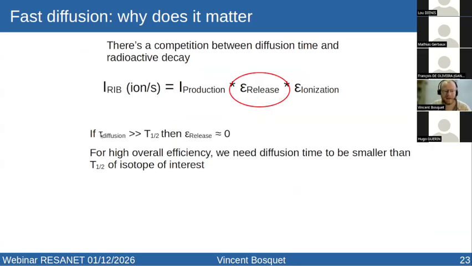For instance, if the diffusion time is way bigger than the half-life of the nuclei that we want to produce, then the release efficiency is near zero. So if we want to have a high overall efficiency, what we need is the diffusion time to be smaller than the half-life of the isotope of interest.